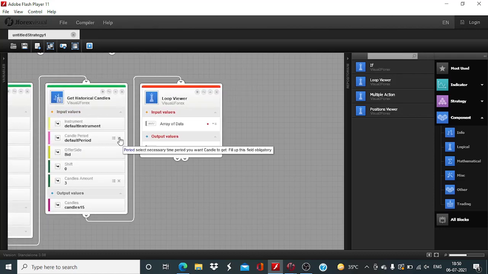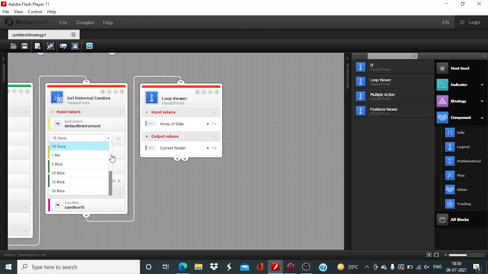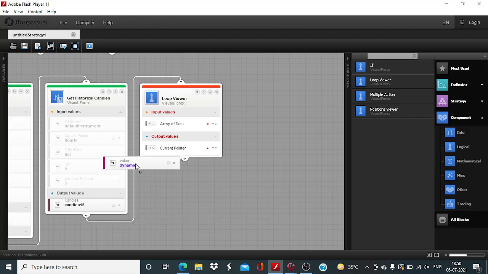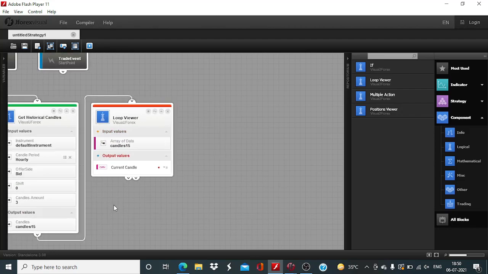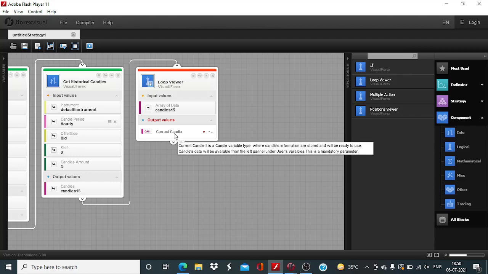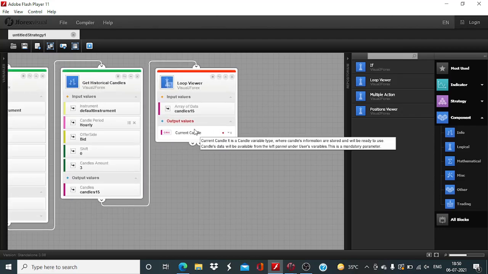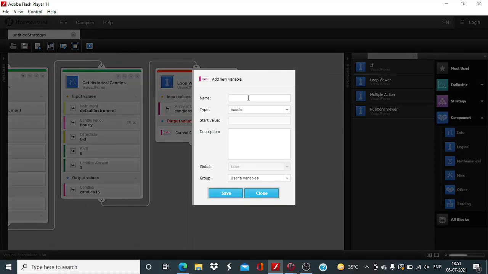Candle period is going to be hourly. Current candle I will name it HLD.